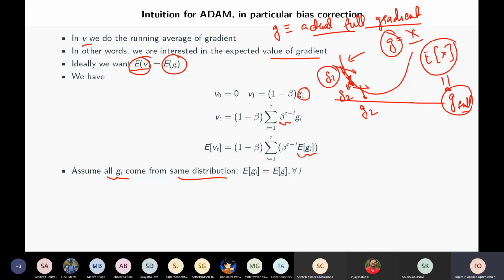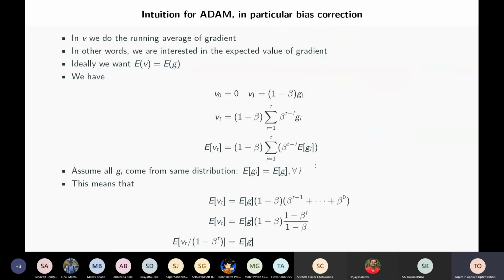But if we assume that these Gi are randomly generated from the same distribution, in other words, we are sampling from the same distribution, then all the Gi are the same, and let us say that is equal to some G, which is the actual distribution. So the Gi follow some distribution G.